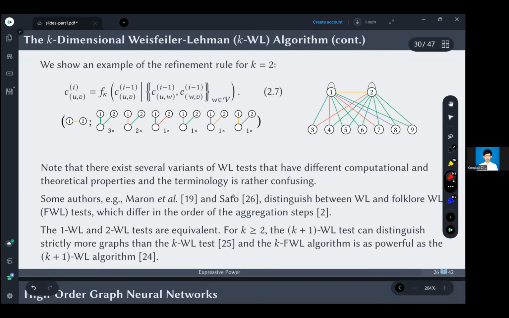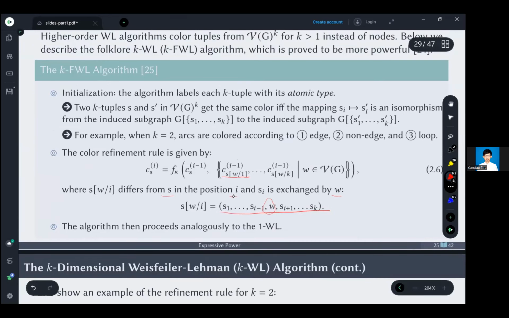For example, some authors, in citations 19 and 26, distinguish between the higher-order WL test and the so-called folklore Weisfeiler-Lehman test, the so-called FWL test. The difference between the FWL test and the WL test is how you compute the neighborhood set. In the FWL test, you enumerate every possible tuple s, followed by a neighborhood, followed by a multi-set function.